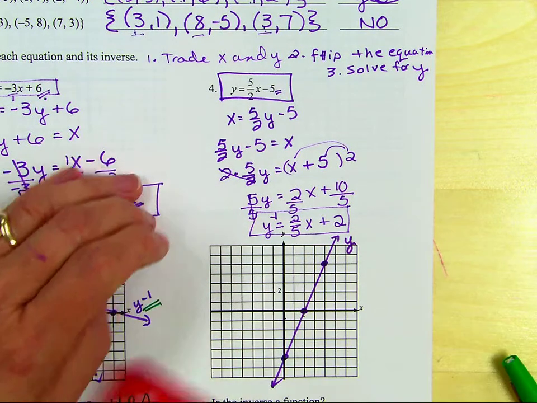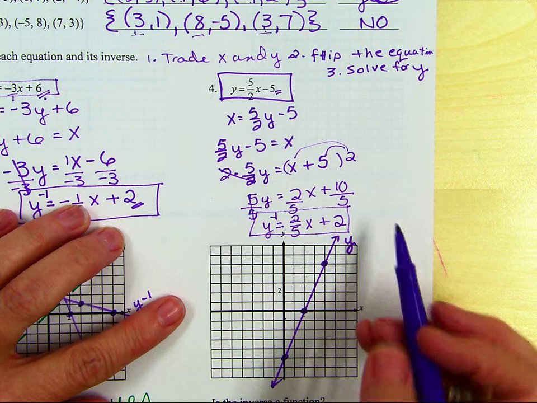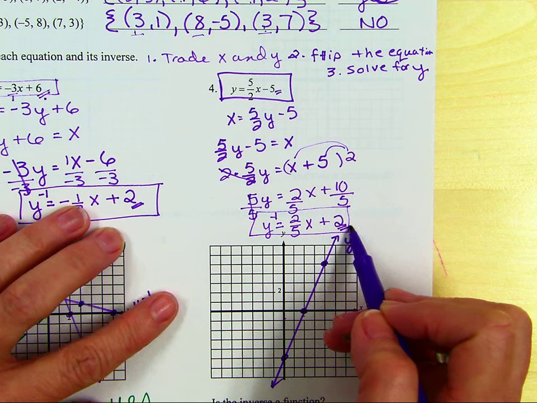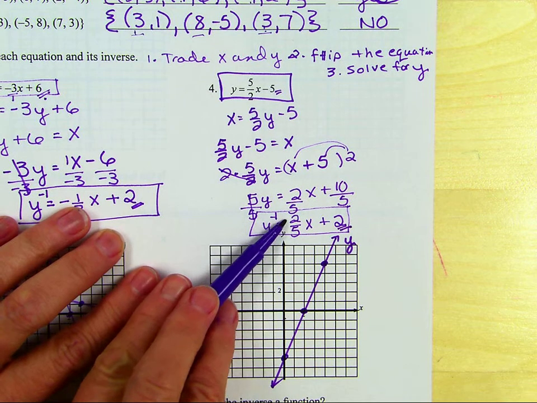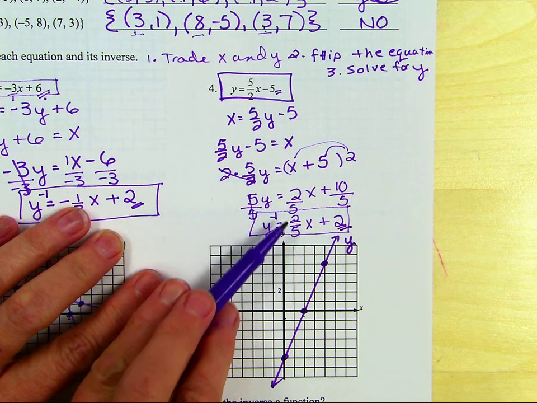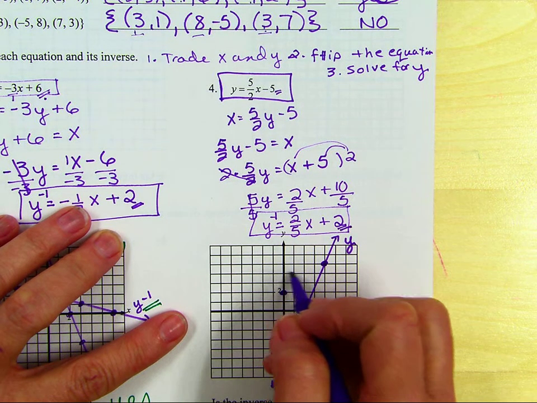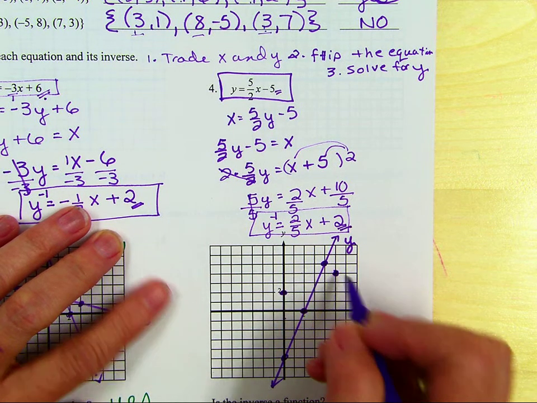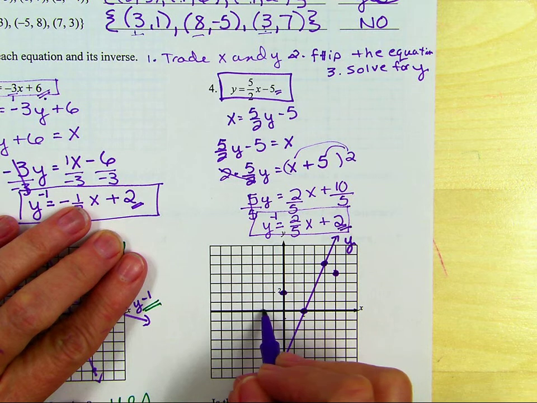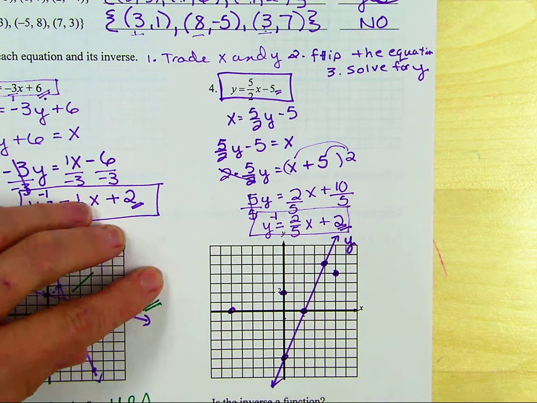Okay, here's my inverse. It begins at 2. My slope is up 2 over 5, up 2 over 5. So I'm going to begin at 2 and go up 2 over 5. I'm going to do some backwards. Back 2, 5. Here's my inverse.